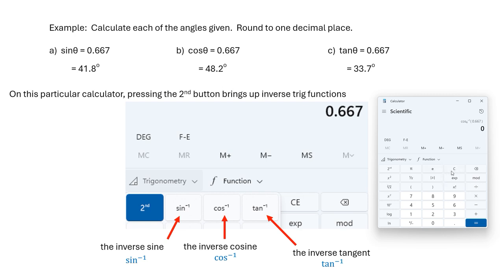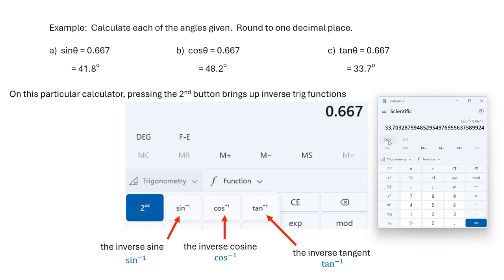Clear that. Here we're told that the tan of some angle equals 0.667. If I type in again 0.667 and then go to the second function, it brings up the inverse tan. Press that, and it gives me 33.7.